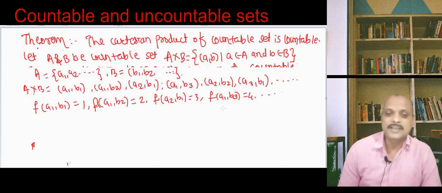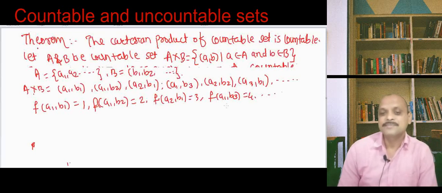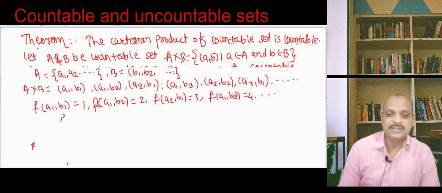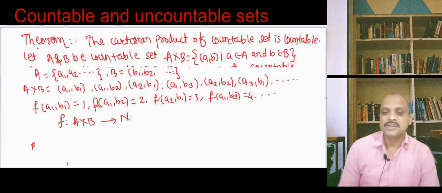So you can see that if you arrange A cross B in such a way, then there is a one-to-one correspondence between the sets. This function f is bijective from the set A cross B to the set N of natural numbers, and hence the Cartesian product of two countable sets is also countable.